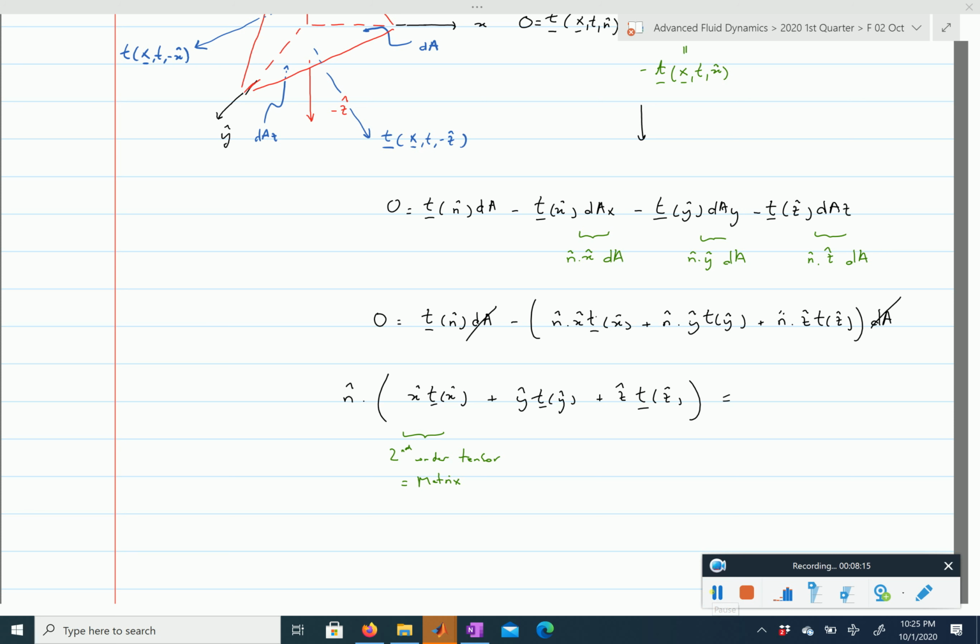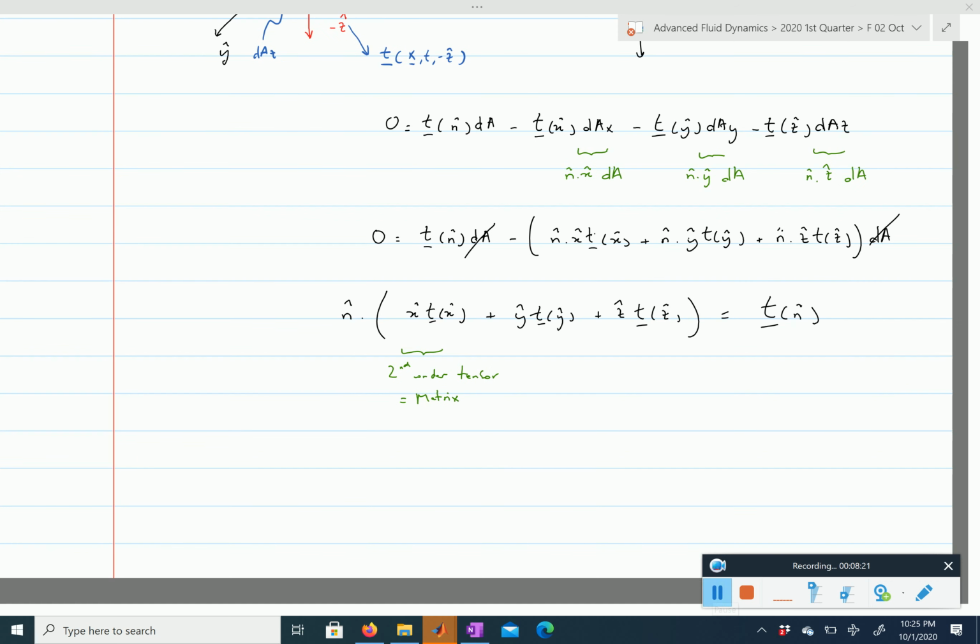And this is equal to the stress vector on the surface of normal n. So note that this term corresponds to a matrix plus a matrix plus a matrix.